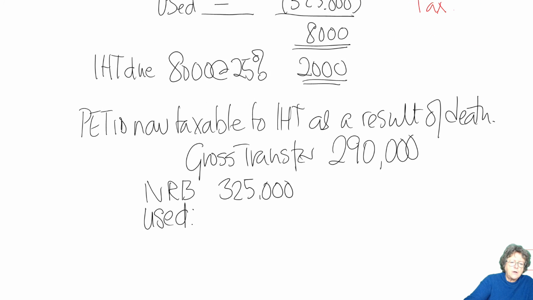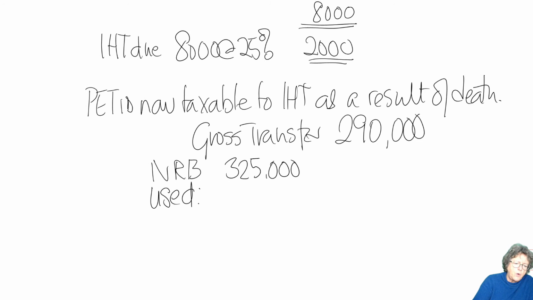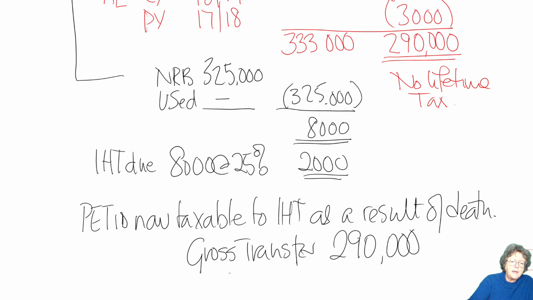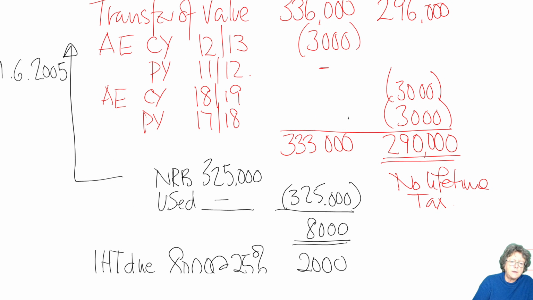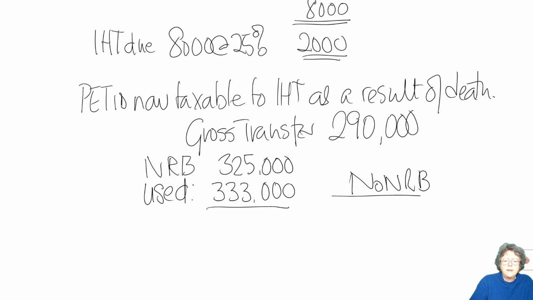Okay, so that nil rate band needs to have that 7-year issue dealt with, and I need to go back and take off the 333,000 from the CLT, this figure here. Therefore, there is no nil rate band available against that PET.